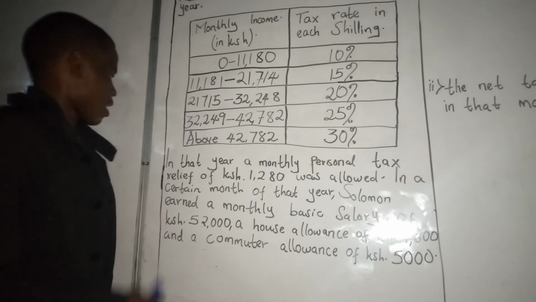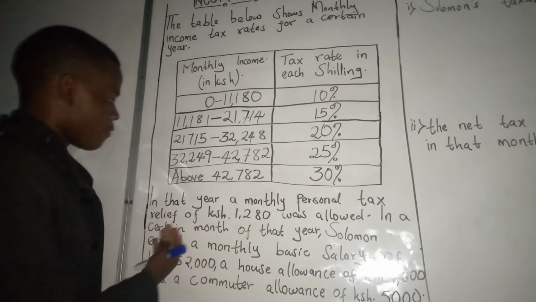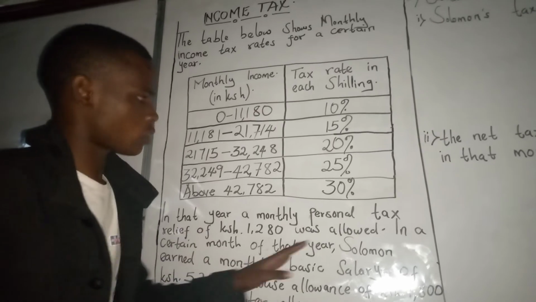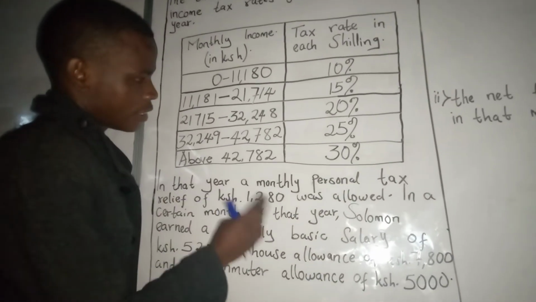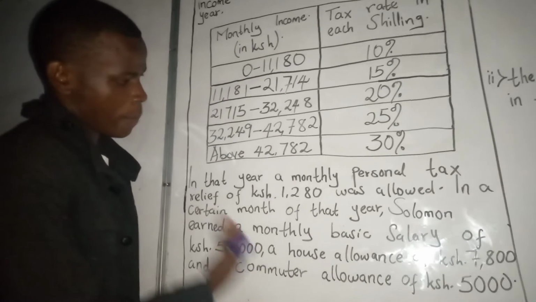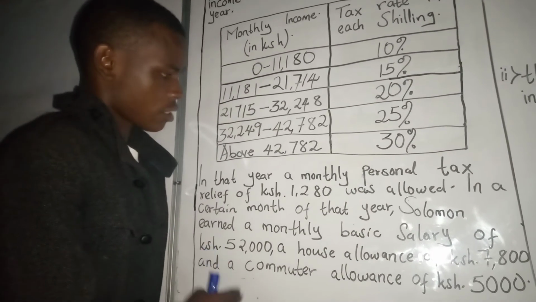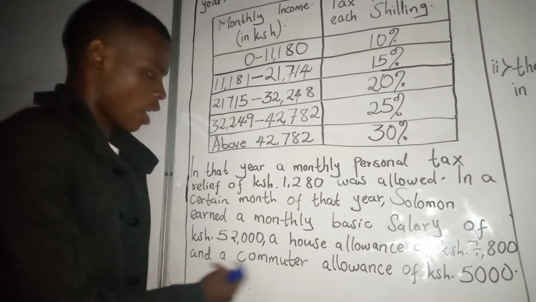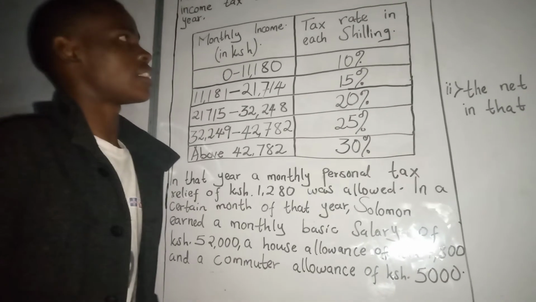Then in that year, a monthly personal tax relief of 1,280 shillings was allowed. In a certain month of that year, Solomon earned a monthly basic salary of 52,000, house allowance of 7,800, and a commuter allowance of 5,000 shillings.